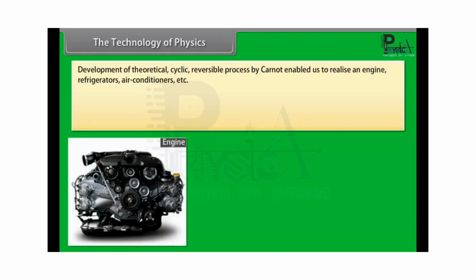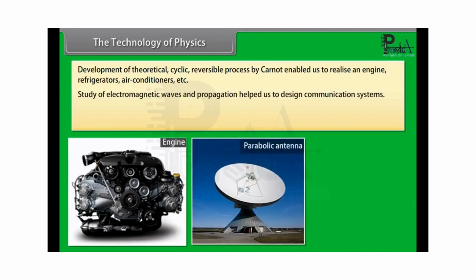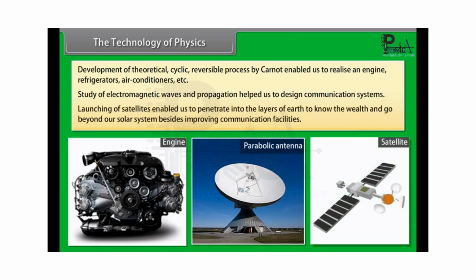Development of the theoretical cyclic reversible process by Carnot enabled us to realize engines, refrigerators, air conditioners, etc. Study of electromagnetic waves and propagation helped us to design communication systems. Launching of satellites enabled us to penetrate into the layers of Earth to know its wealth and go beyond our solar system, besides improving communication facilities.